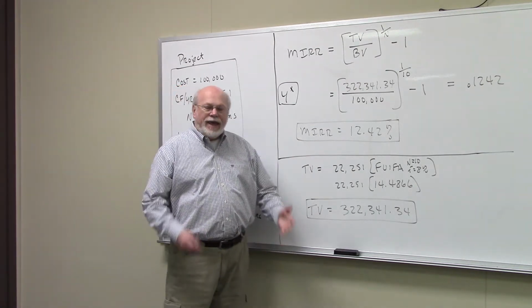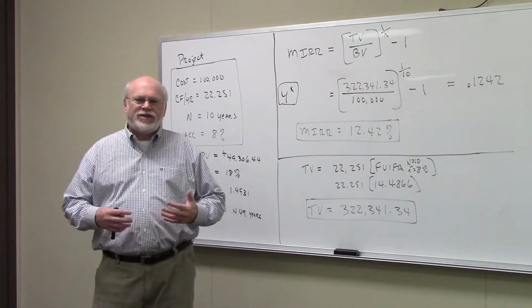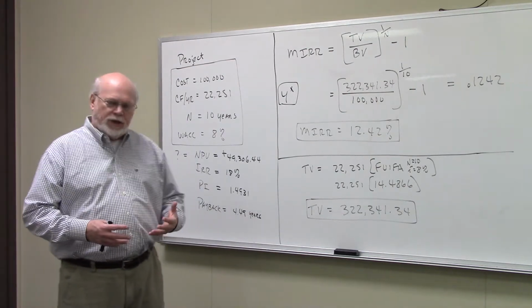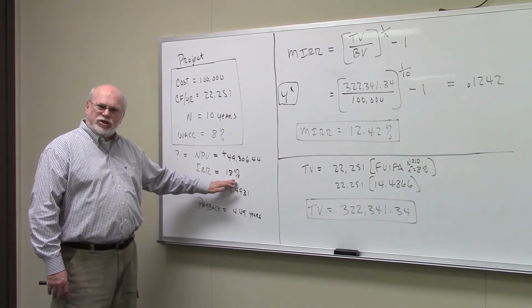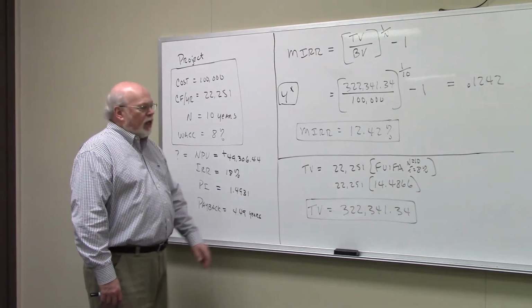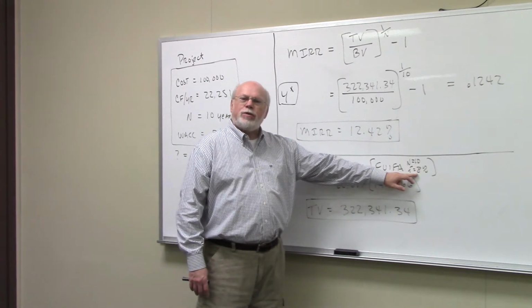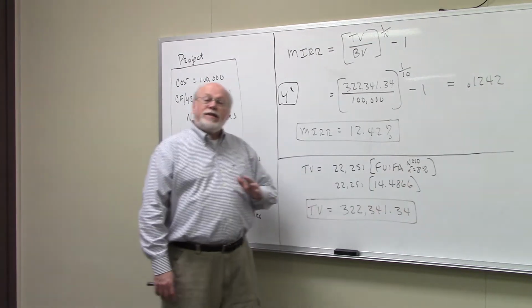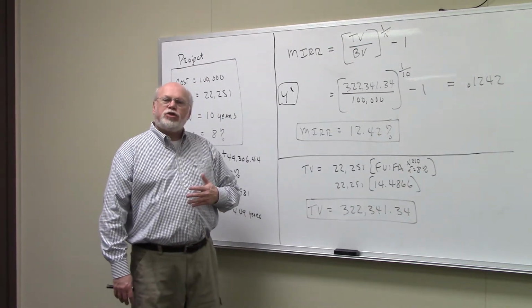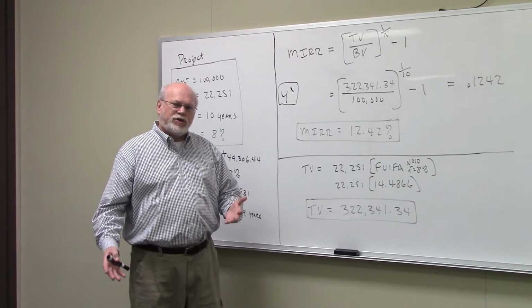In this problem, one of the things we're able to get around is the reinvestment rate assumption. We don't like having to assume that we reinvest at 18% a year. This point right here is where we're able to define our reinvestment rate. Textbooks will tell you that you should use the firm's cost of capital, which we did in this case, 8%.